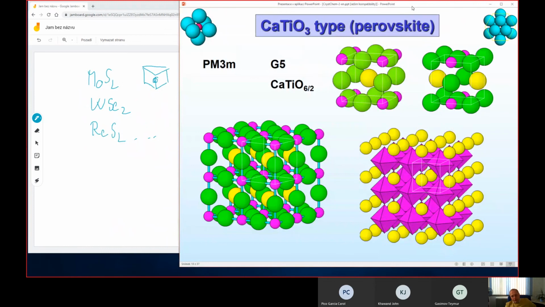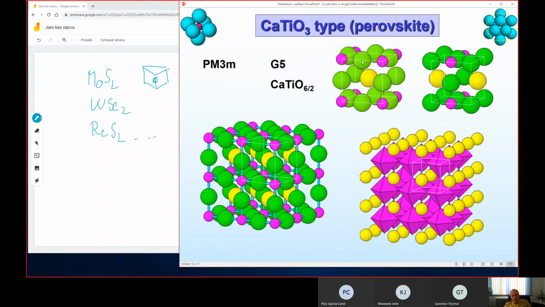And now I would briefly outline several types of ternary compounds. Perovskite is quite typical for many ternary oxides, but also some halides. Here we start with the close-packed array of one type of atoms, let's say anions, like oxide anions, which are green here.